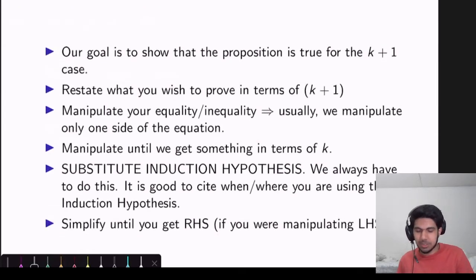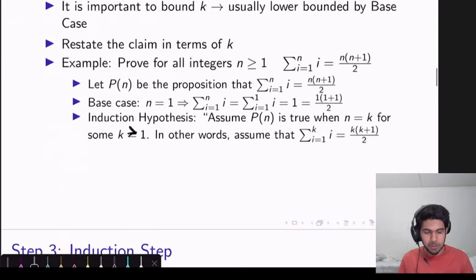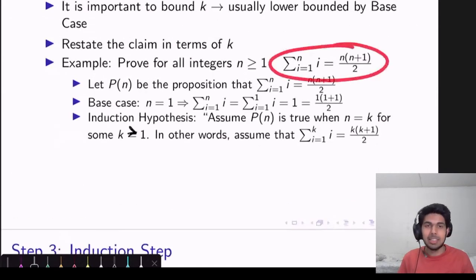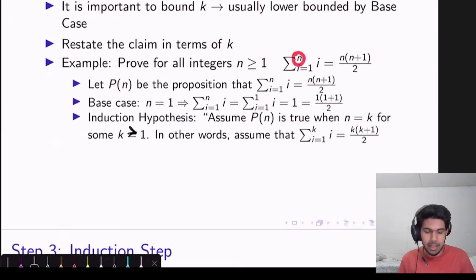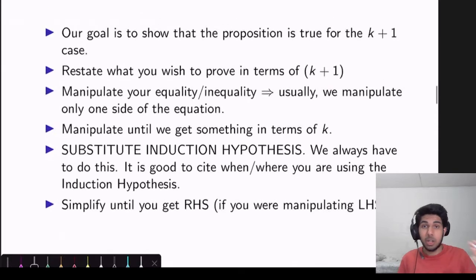So what I like to do is restate what I wish to prove in terms of k plus 1. For this example, I would take the summation, and wherever I see an n, replace it with a k plus 1. And that's what I want to prove. And then you're going to manipulate your equality or inequality, whatever you're working with. And usually we manipulate only one side of the equation. Again, just good technique.